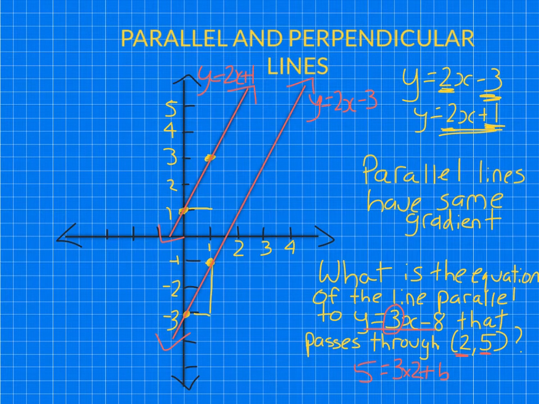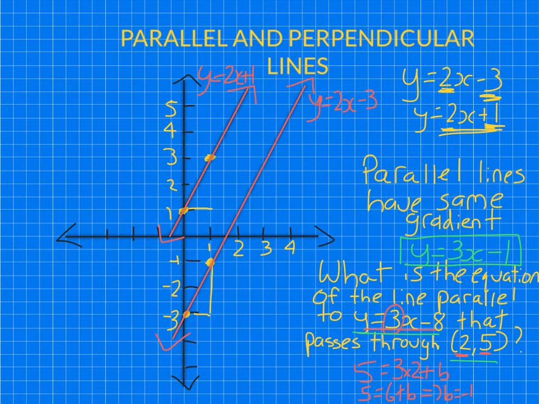Of course 3 times 2 is 6, so 5 equals 6 plus b. All I do is subtract 6 from both sides, and I get b equals minus 1. So the equation of this line will be y equals gradient times x, it's got the same gradient, plus b, which is minus 1. Okay, so that is the answer: y equals 3x minus 1 is parallel to this line and passes through this point.